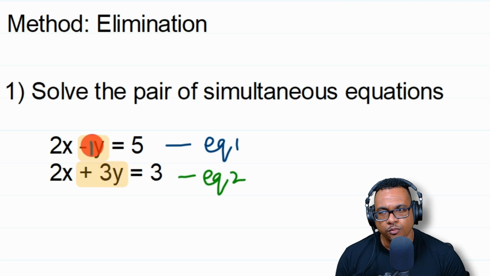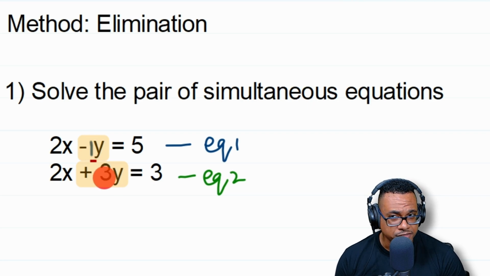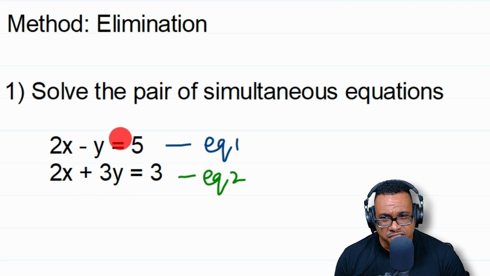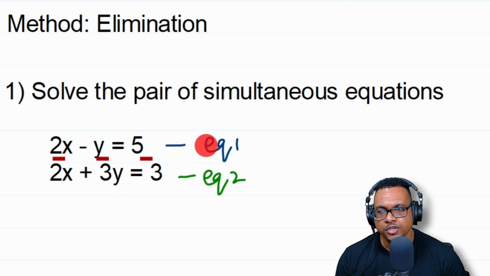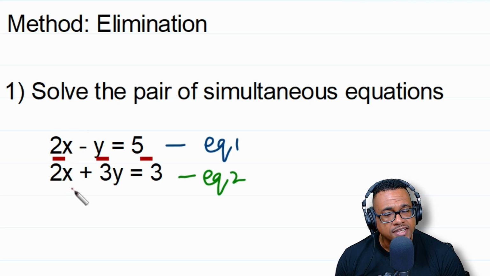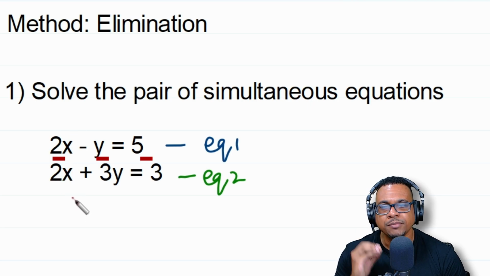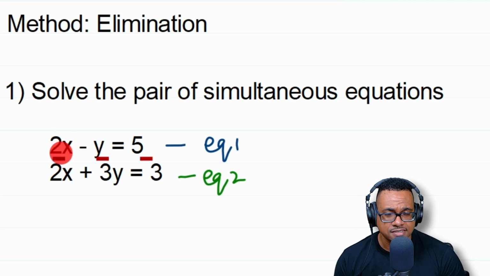Now, if you look at this negative 1y and this positive 3y, there's no way we could get 0 by adding negative 1 with positive 3 or subtracting negative 1 with positive 3. Therefore, in this equation, to eliminate one of the unknowns, we'll have to subtract the two equations because 2x take away 2x will give you 0 and eliminate the unknown x.